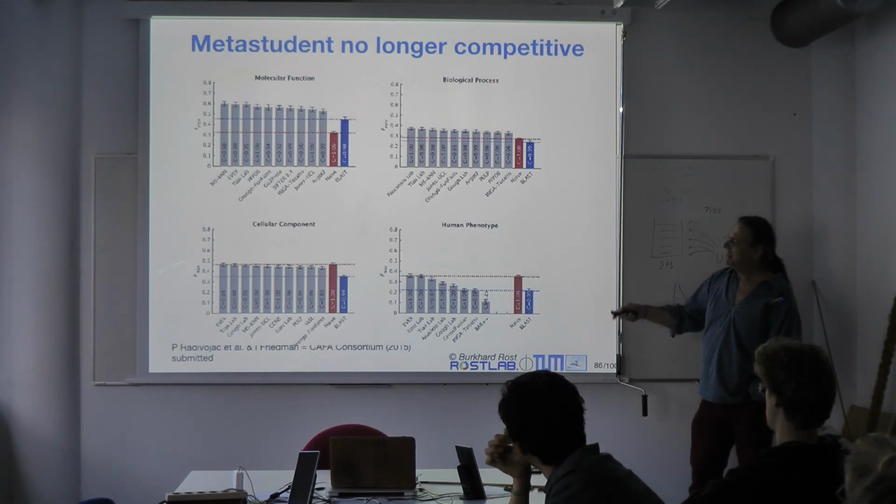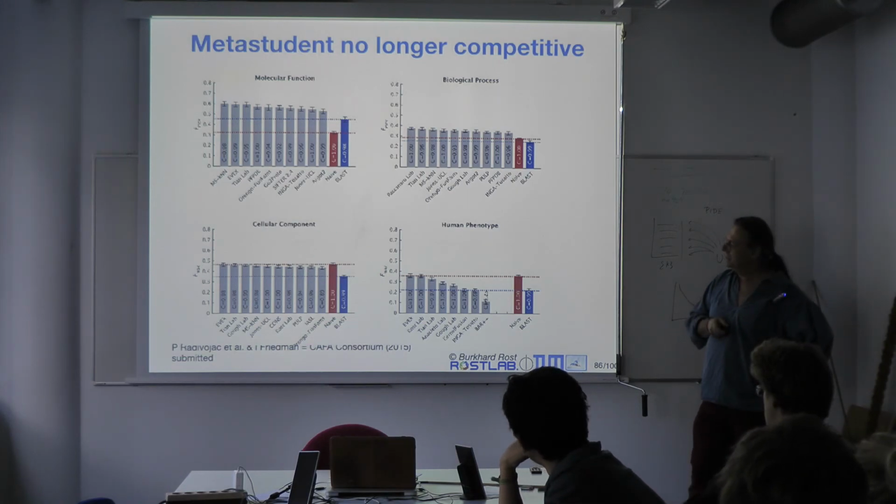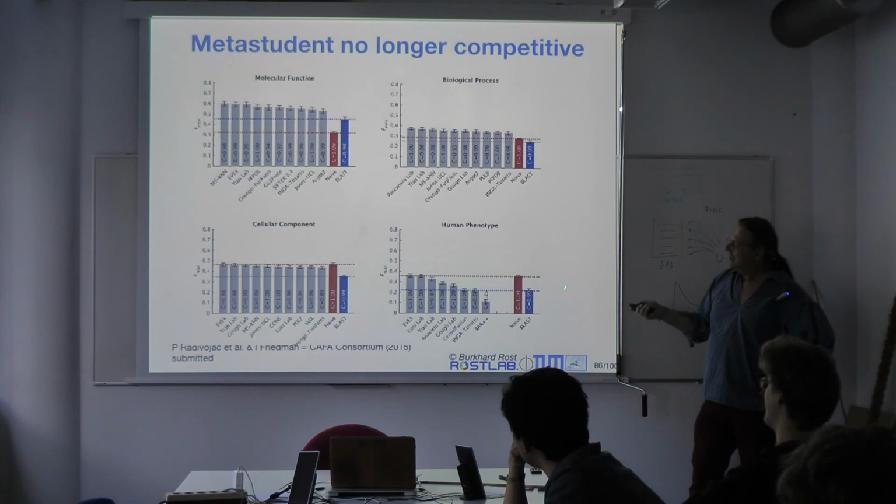And here are some other issues, cellular component, where all methods struggle, but ultimately my reading here is that the problem is the GO category cellular component. And here, this is human phenotype, so disease-related is somehow maybe a similar problem. We still haven't figured out how to do this right. We hope to get that right. They hope to get that right in CAFA 3.